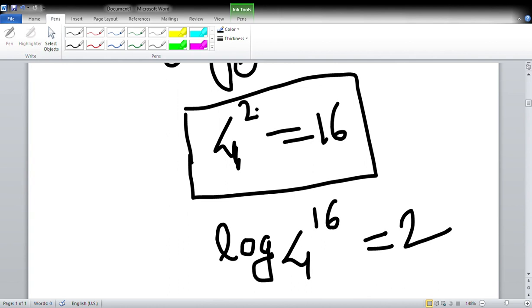Because the base will be the same in both exponential form and logarithmic form, and 16 is the number of which you need to find out the log. The power comes on the right hand side. So this is a simple thing, that's what we have studied.